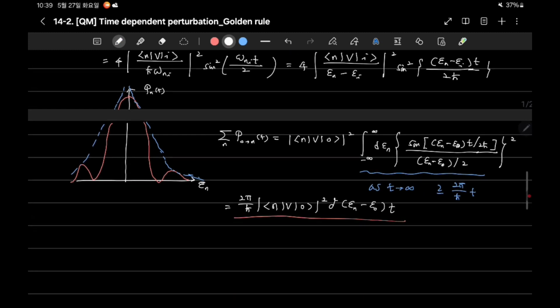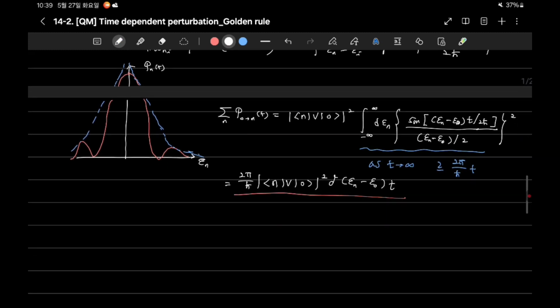This transition probability means oscillating with energy eigenvalue. Okay. Secondly, let's think about the transition rate.